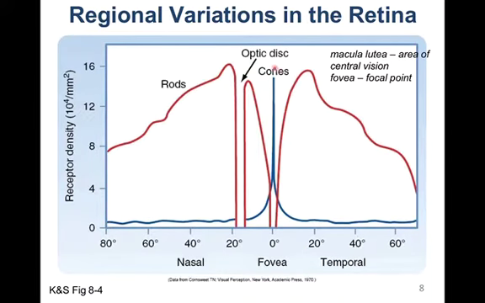If you look at the density, receptor density is our y-axis here, and we have a huge density of cones at the fovea. And then as we move away in terms of degrees, 5 degrees, 10 degrees, 20 degrees, 60 degrees away from the fovea in either direction, we see a decrease in the number of cones and an increase in the number of rods.